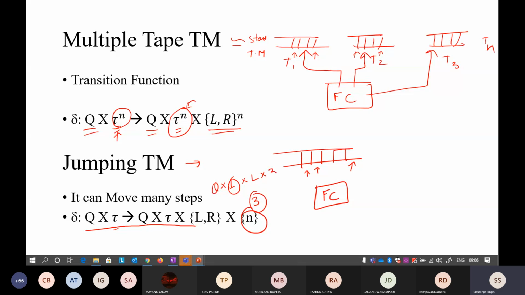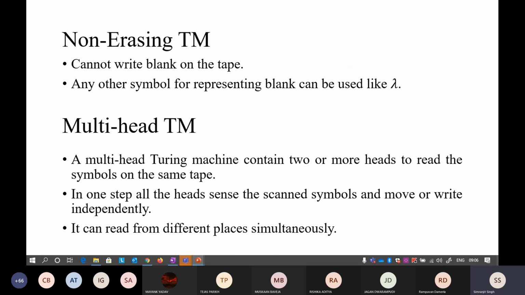I move 3 steps to the left. That is how the jumping Turing machine is defined. Only one thing is changed, it is multiplied by n, and the transition function is very similar to the standard Turing machine. Again, this is not more powerful than the standard Turing machine. All the variations present here are equivalent to the standard Turing machine.